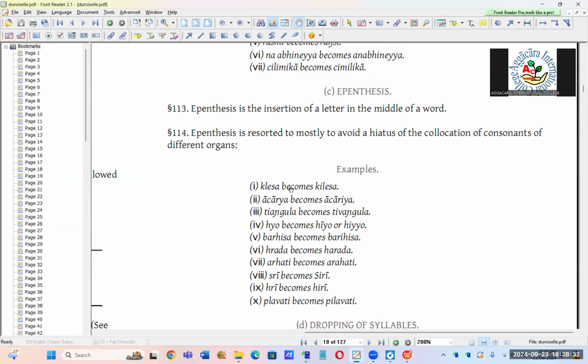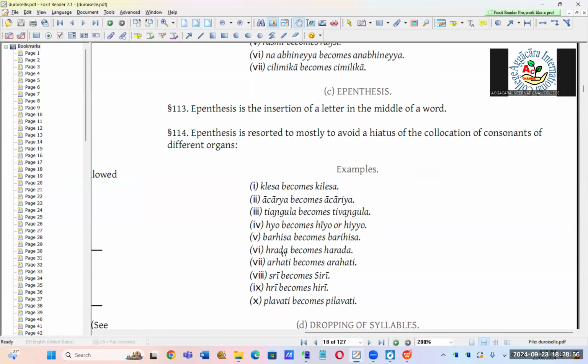We try to simplify the sound. Instead of pronouncing Klisa, which is very difficult, we pronounce it Kilisa. Just insert the I here. Acharya is difficult, so we put the I, Acharya. Tangula, we put Tivangula, right? Hio, so put the I, Hio, right?